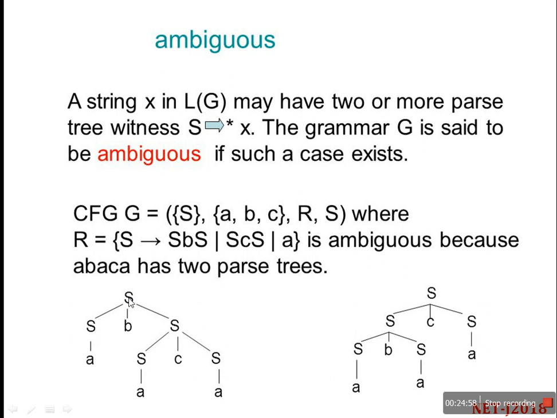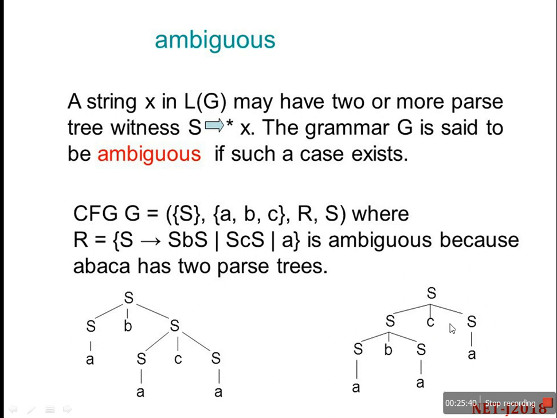So for example, the starting symbol generates from SBA. This is SBA. Then one S maybe takes A, stop. This is a terminal symbol. This S may start again SCA, and this S terminates A. Here capital S represents a non-terminal, small letters represent terminals. Same thing, S may start from SCS.